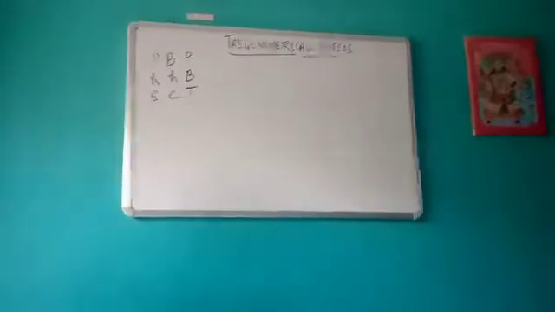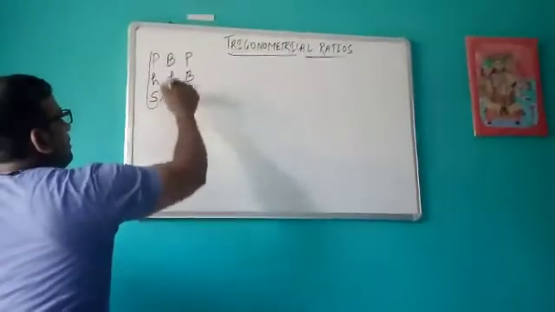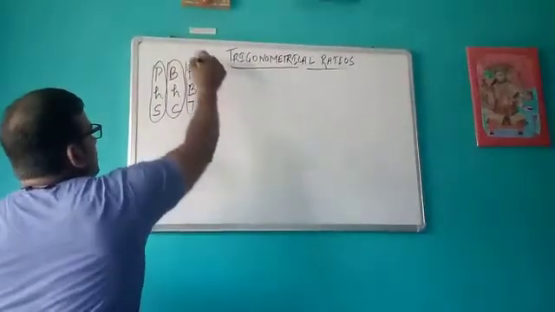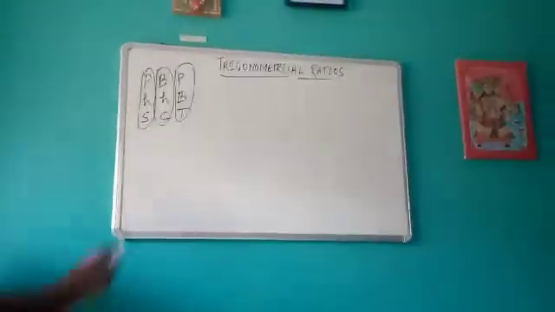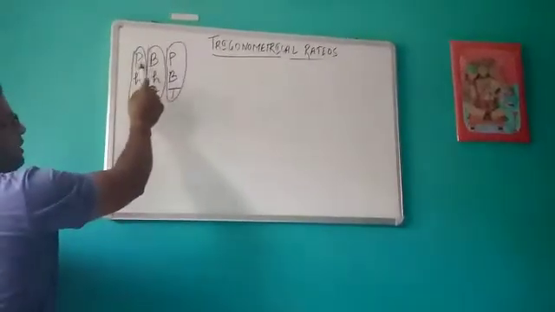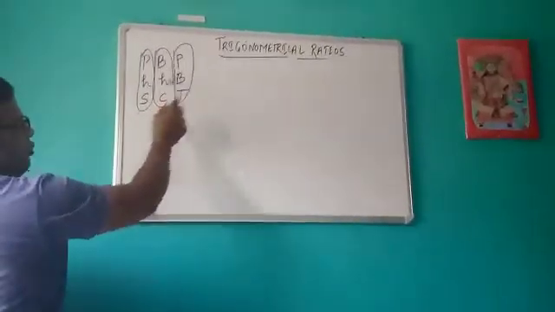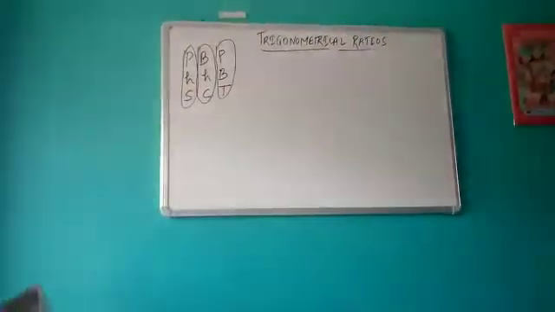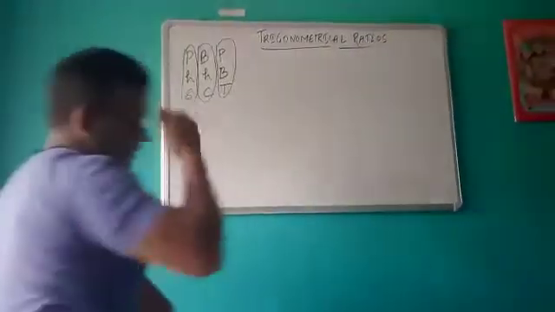Like this you can remember these trigonometric ratios for your reference, because it is the easiest way to remember them. By this method you can easily remember these trigonometric ratios.